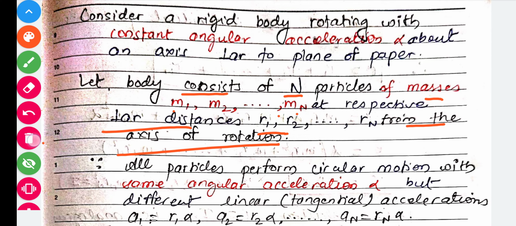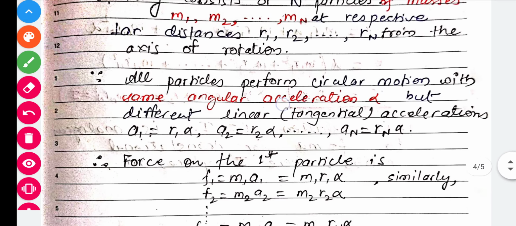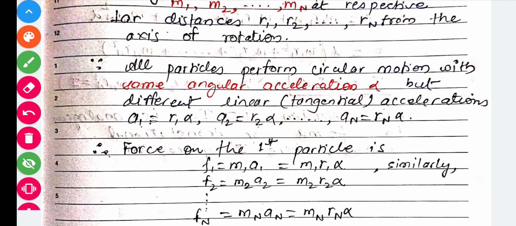All the particles perform circular motion, not uniform circular motion, because there is acceleration with the same angular acceleration alpha. The angular acceleration is the same for all the particles, but the linear, or tangential, acceleration is different. That we have to keep in mind.